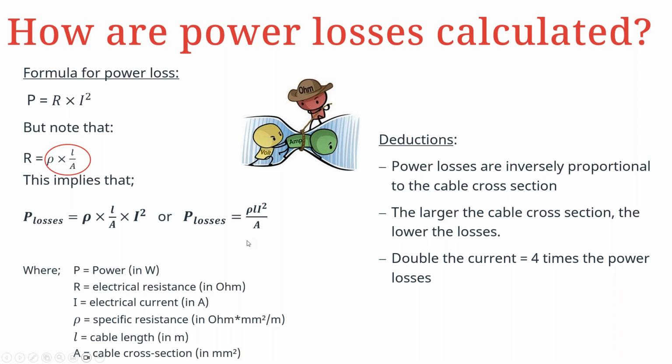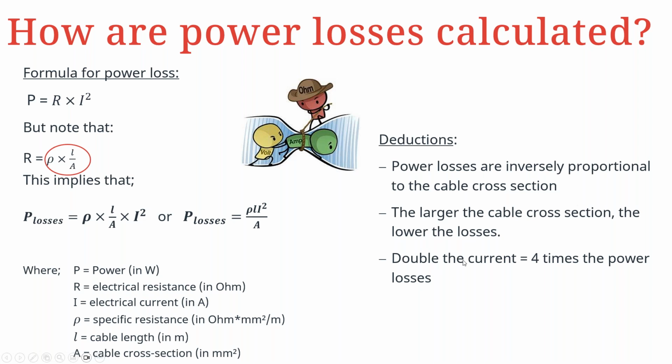And just to give us an example, let's say that these variables all have unit value, meaning 1. So if specific resistance, cross-sectional area, length, and current are all equal to 1, we're basically going to have a value of 1, because 1 times 1 times 1 squared over 1 gives us 1.